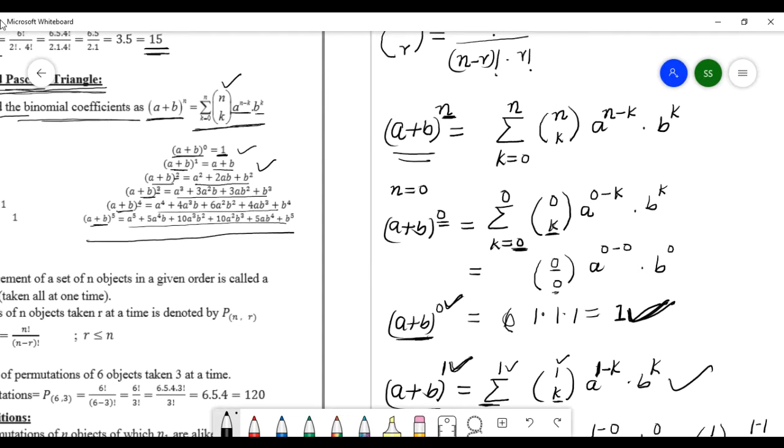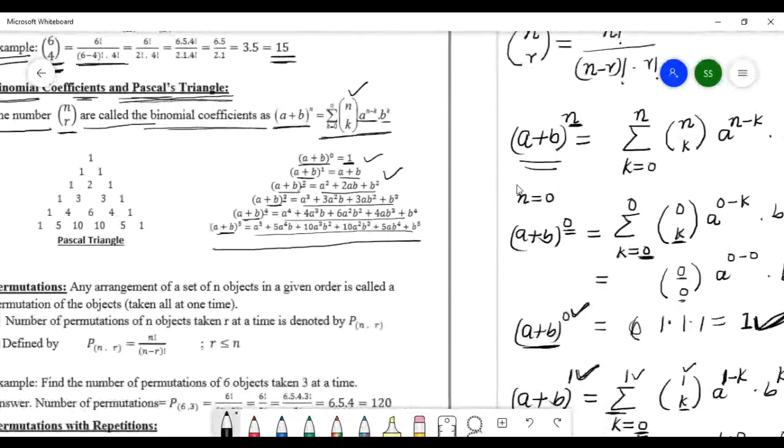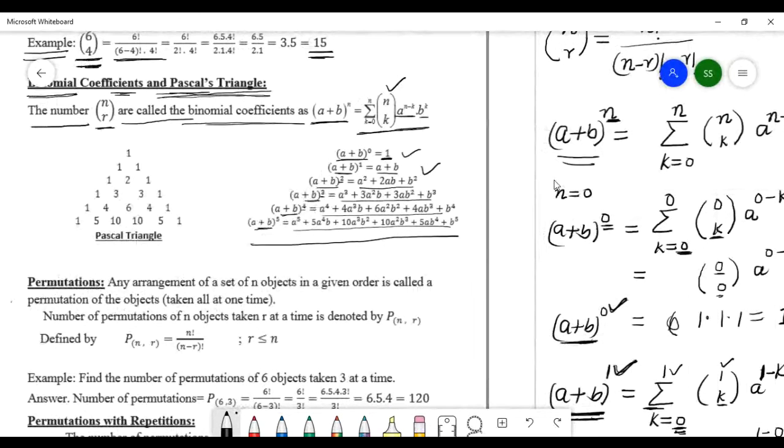Now let's see, what is the Pascal triangle? What is the Pascal triangle? See, here is 1. So write 1 here. Plus, and now see, here a plus b, here coefficient 1, and here coefficient 1. 1 1. Can you see this?